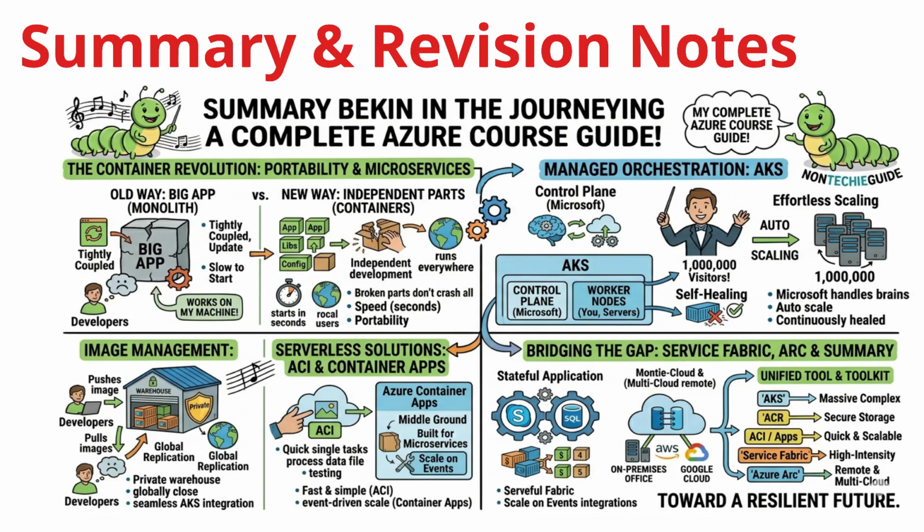We then built our own private image registry warehouse for globally close and replicated security. We compared serverless options from simple single tasks to event-driven container apps. Service Fabric followed. Finally, using Azure Arc as our multi-cloud remote, we connected everything across private and public clouds for a truly resilient future.